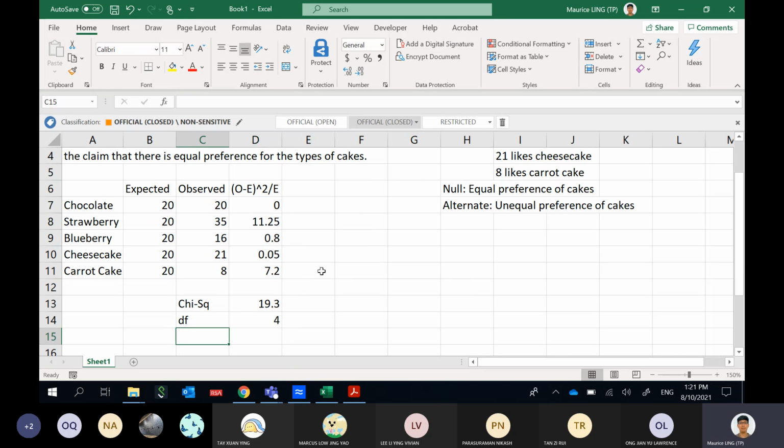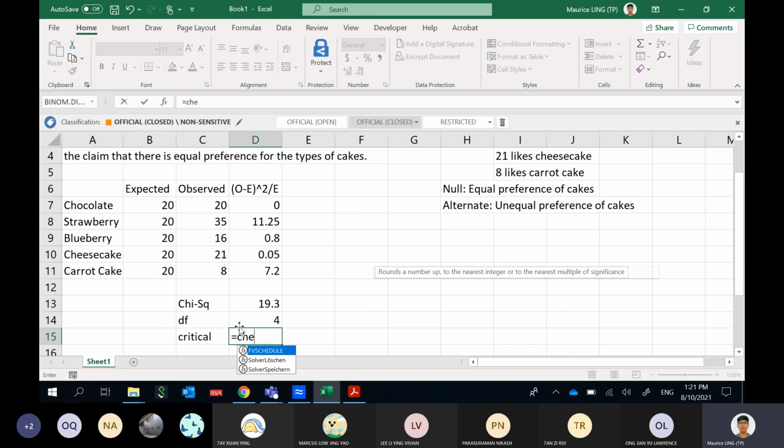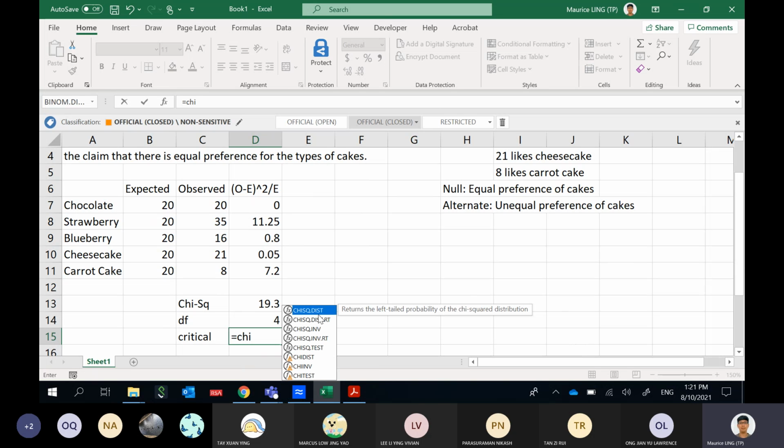Okay. Then what we can do in Excel is we can find out the critical value. So the critical value, you use this formula, which is actually given in your notes already. You do a chi-square inverse distribution.